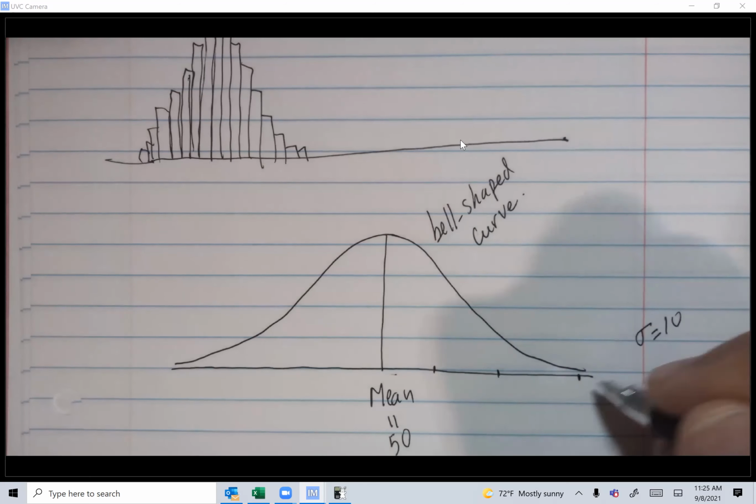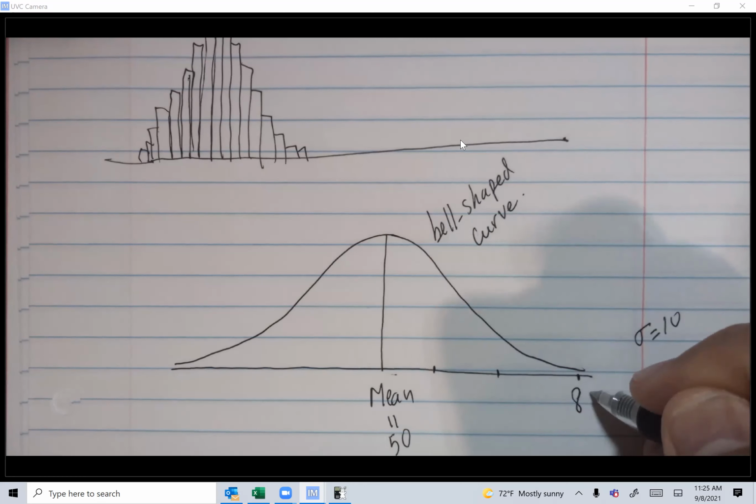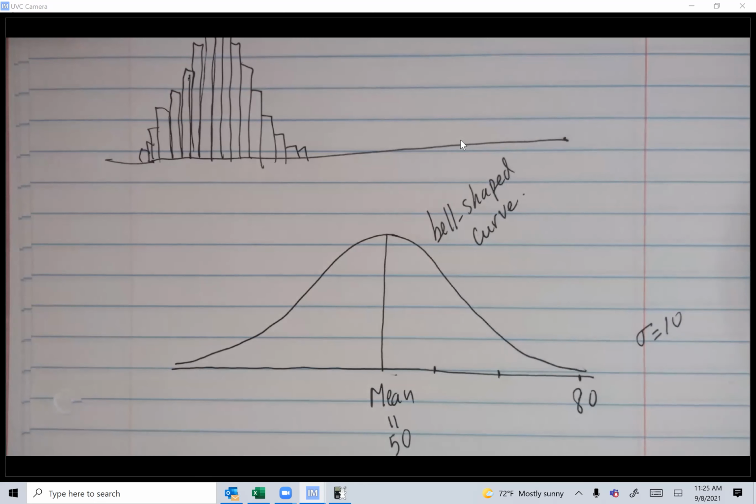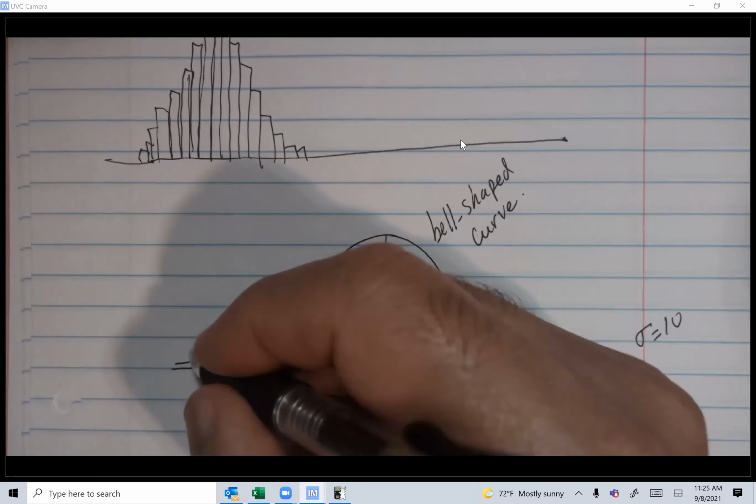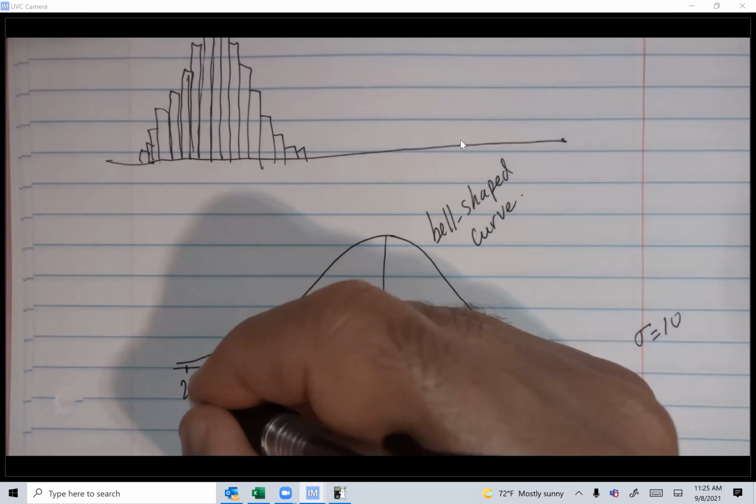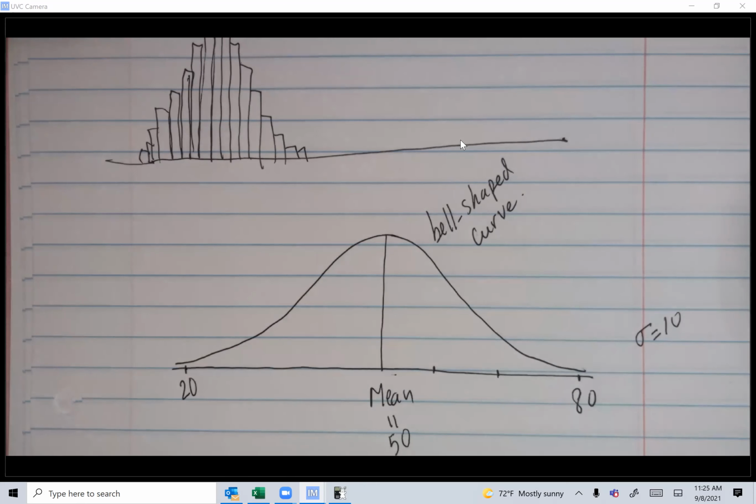But I'm going to tell you something, guys: all of the values in the data set should not exceed 80. And I don't know if you guys can tell where the 80 came from. And all the values on the low side should not go any lower than 20. Anyone can guess how I came up with those two numbers? It's a guessing game now, and I'll tell you how in a second. Any ideas, guys, where the 80 came from?